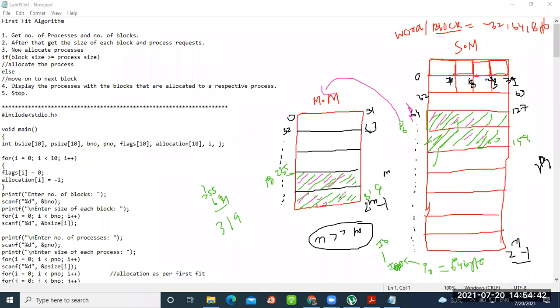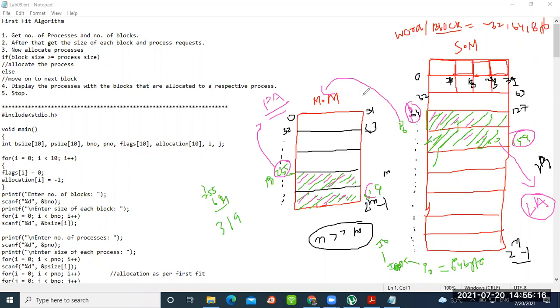Second thing is that the memory address may not be the same. Here the memory address starts with 64 and ends with 159. Here the memory address starts with 255 and ends with 319. This memory address is called the physical address. The address of main memory is called the physical address, and the address of secondary memory is called the logical address. Fine. So this is the concept of continuous memory allocation.